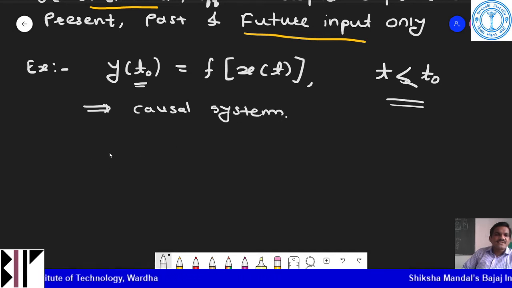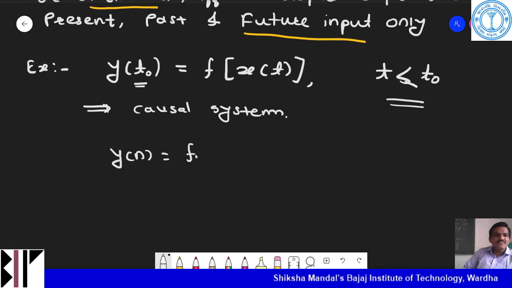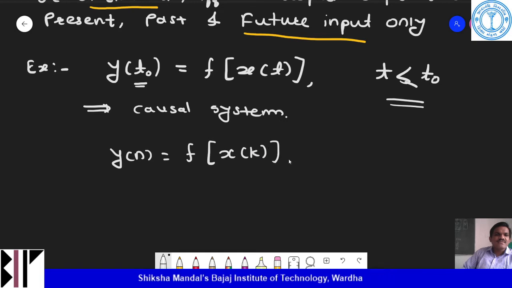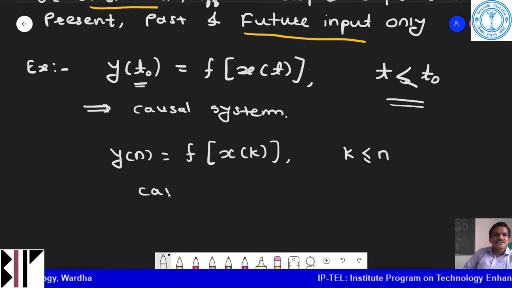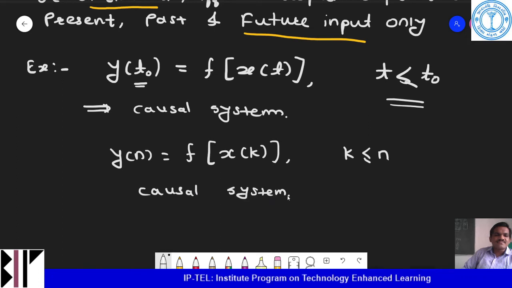Another example in discrete time: y of n is a function of x of k, where k is less than or equal to n. This is also a causal system.